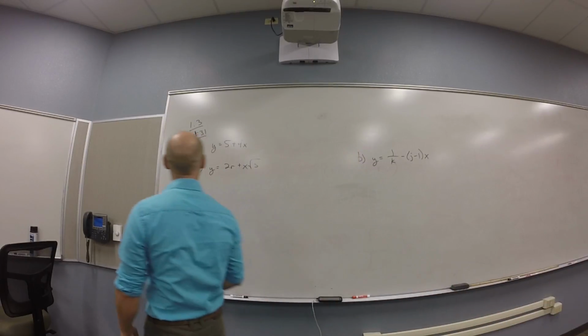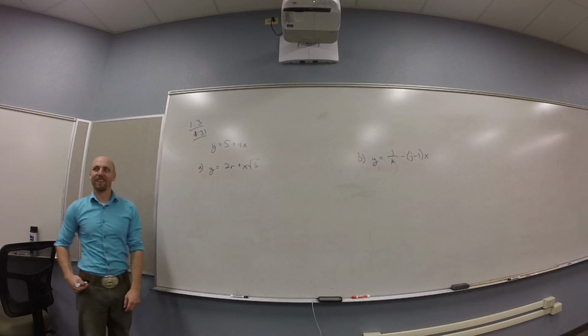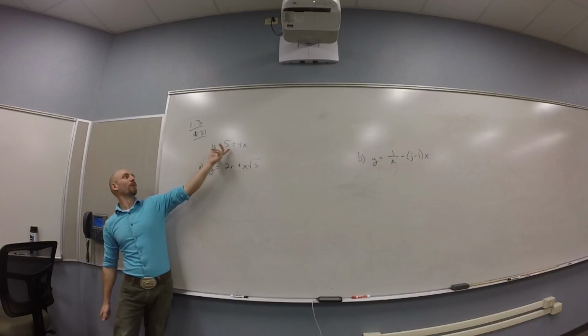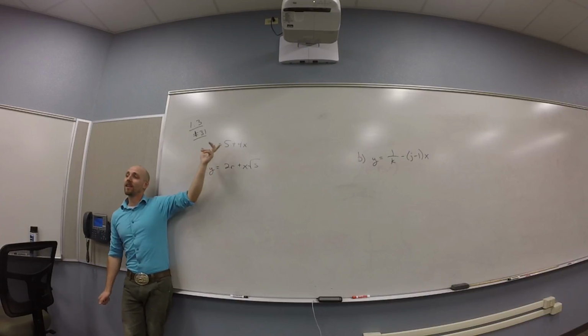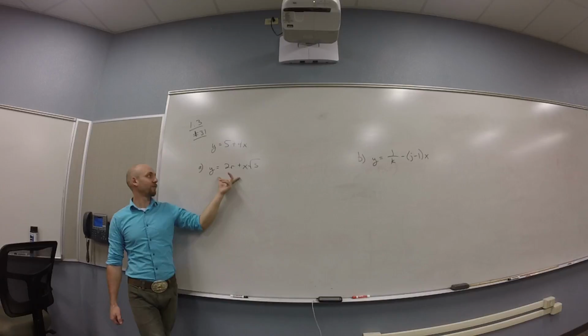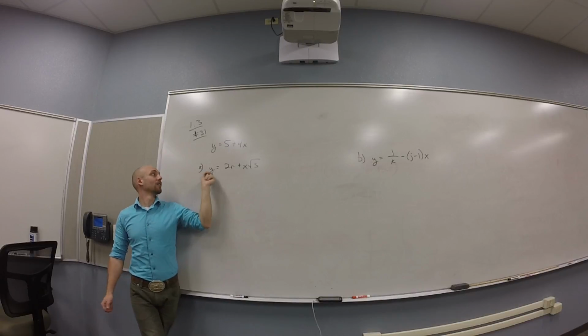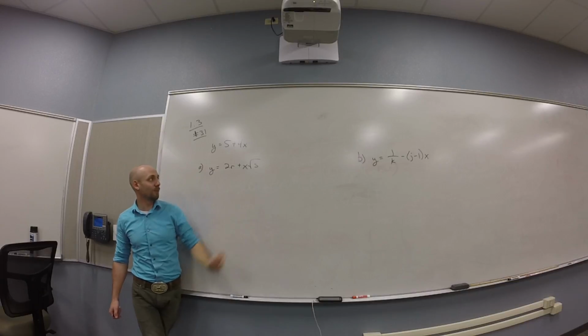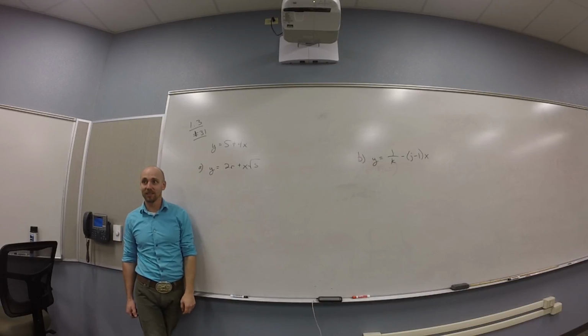All right, so let's try 31 out of Dairy 1.3. They've told me that ultimately these lines look like y is 5 plus 4x. And then they said this first line also looks like y is 2r plus x square root of s.